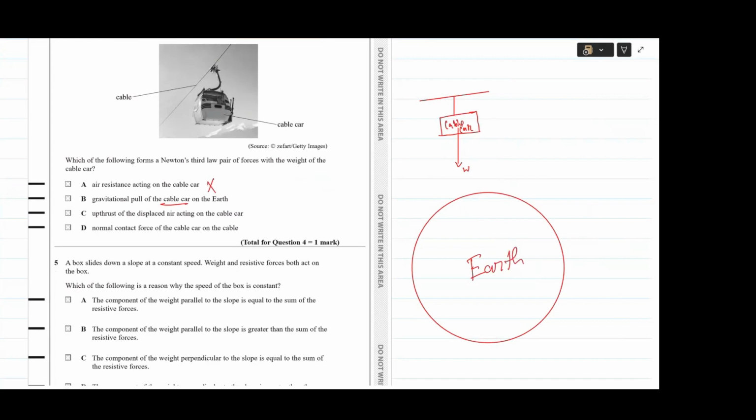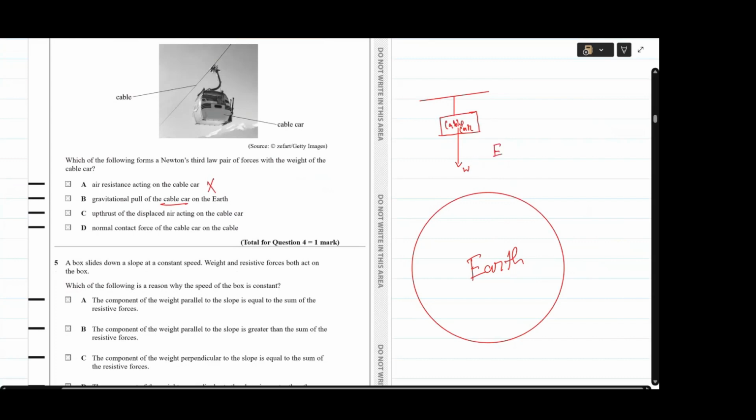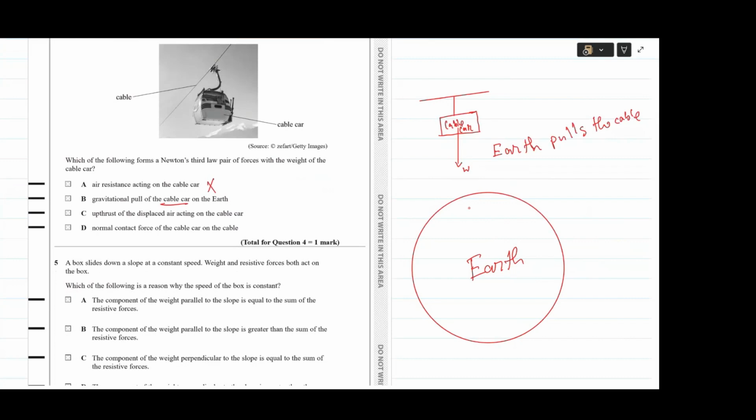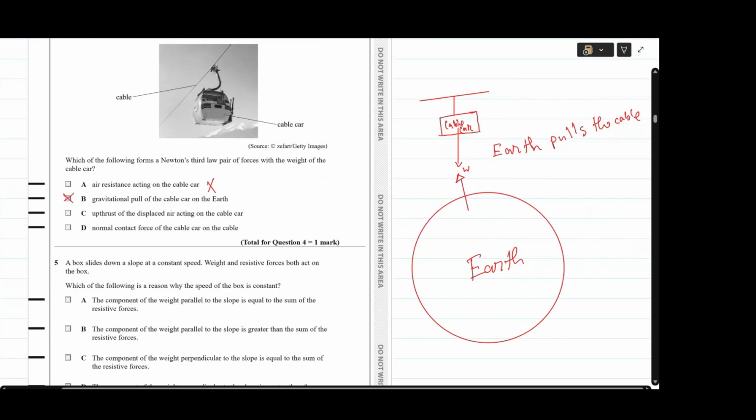So we can say that this is the force by which Earth pulls the cable car. And in return, the cable car will also pull Earth. So that is why B is the correct answer.